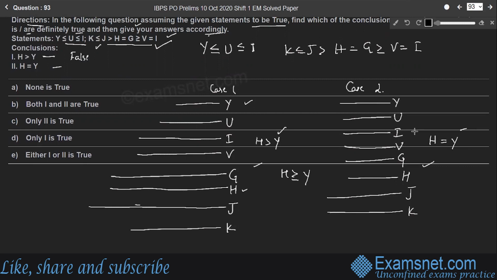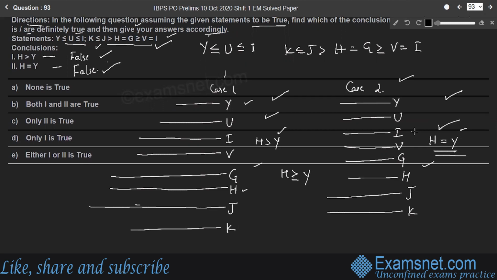And the second one, h is equal to y, right? This is also a false conclusion. If you consider case 1, h is greater than y. If you consider case 2, h is equal to y. Therefore, either of the conclusions, either 1 or 2, is true. If you consider case 1, h is greater than y is true. If you consider case 2, h is equal to y is true.